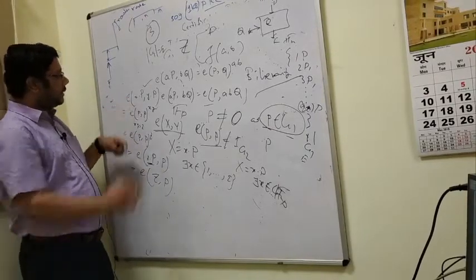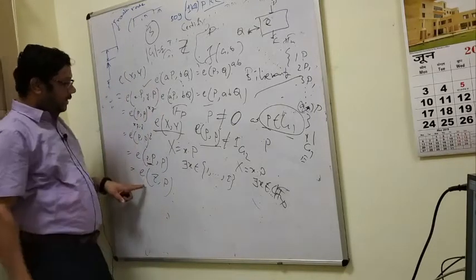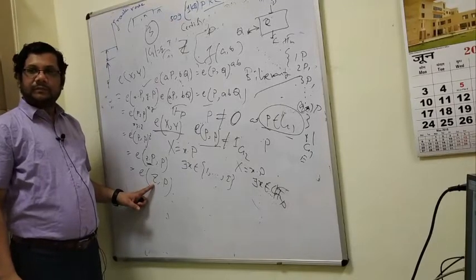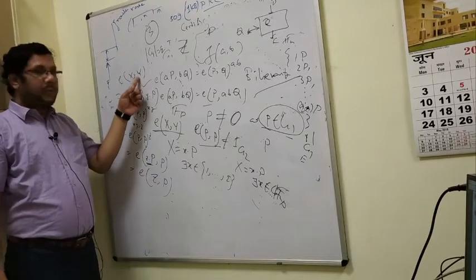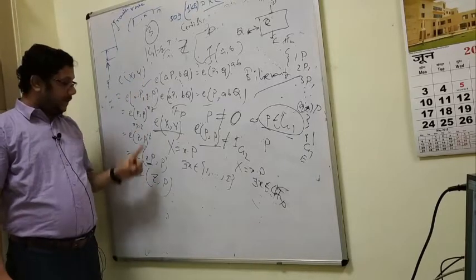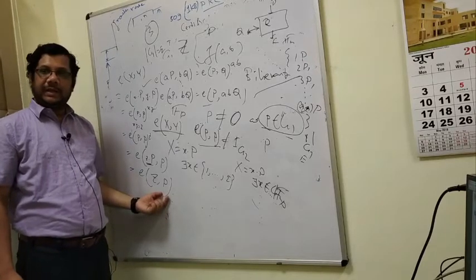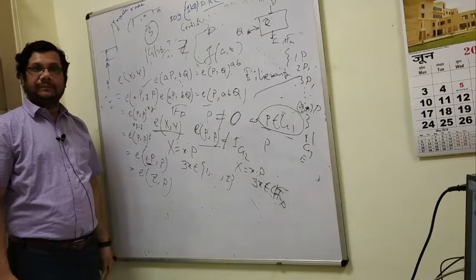That means E xy is nothing but E z p for some z, another point. Did it go into your mind so far? You take any two points x and y on the elliptic curve, that is actually nothing but E z p. That means the second output is always p for some z. This z is actually equivalent to the x and y combination.